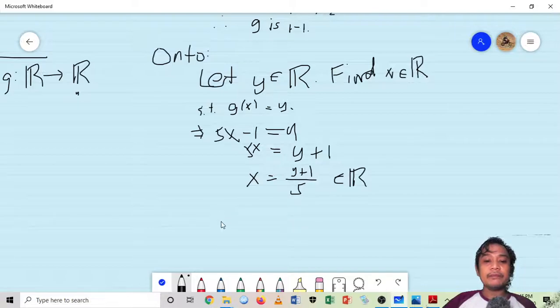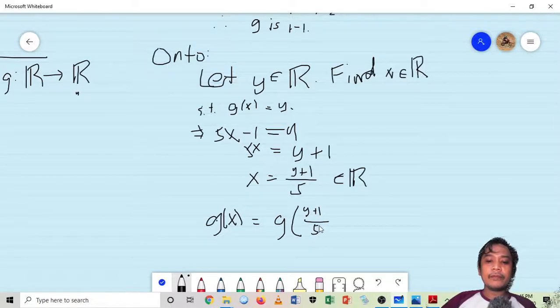So if we need to show that, we see that G of X would be G of (Y plus 1)/5. So by definition, that is 5 times (Y plus 1) over 5 minus 1.